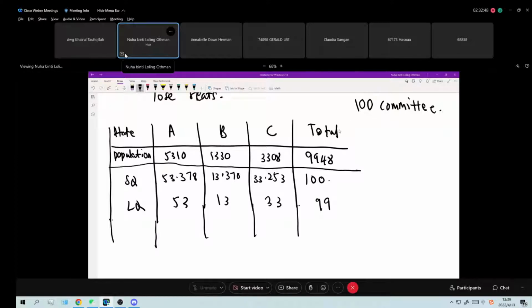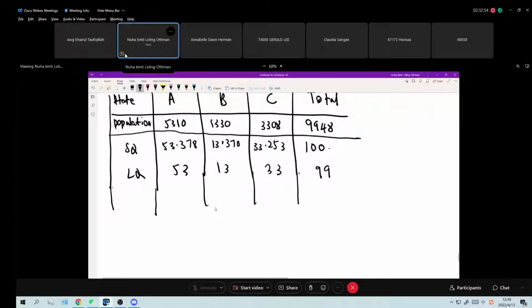So who will get the extra? Based on the Hamilton method, if you see the fractional parts, this one will get it. So the final allocation is 54, 13, and 33. This becomes 100.